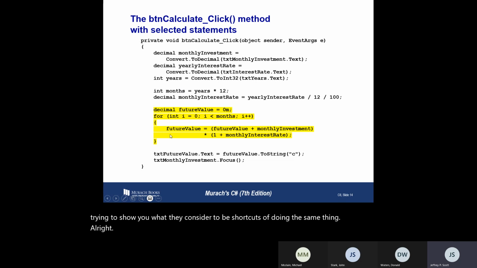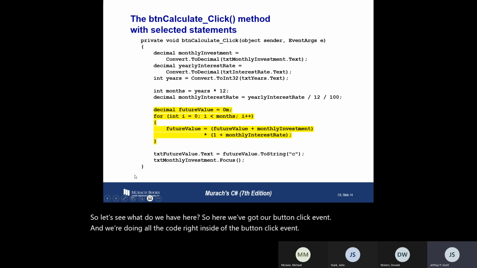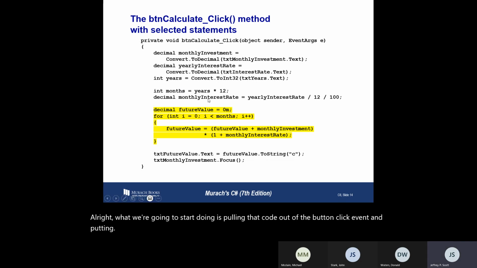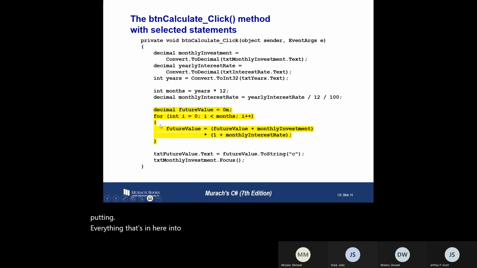So let's see, what do we have here? Here we've got our button click event, and we're doing all the code right inside of the button click event. What we're going to start doing is pulling that code out of the button click event and putting everything that's in here into one or more of its own methods.